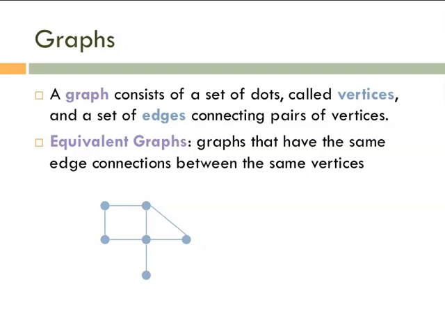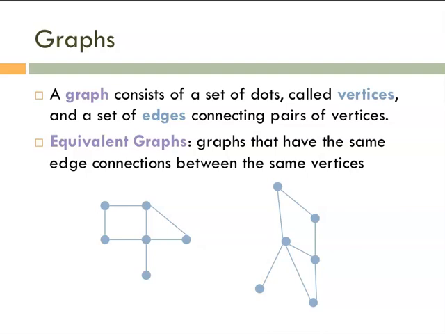Now, a graph can look different, but we can still say it's equivalent as long as you still have all those vertices, and all those vertices are still connected to the same vertices. They're the same edge connections. So for example, I know this looks slightly different than the one on the left, but these are actually equivalent graphs.